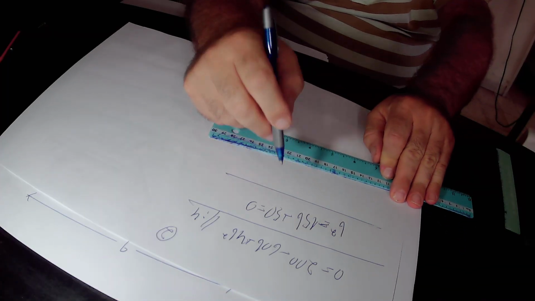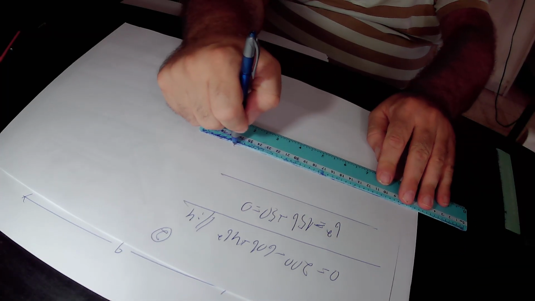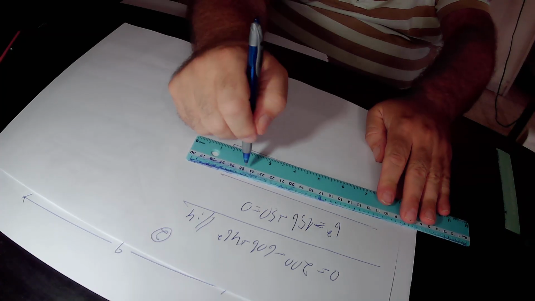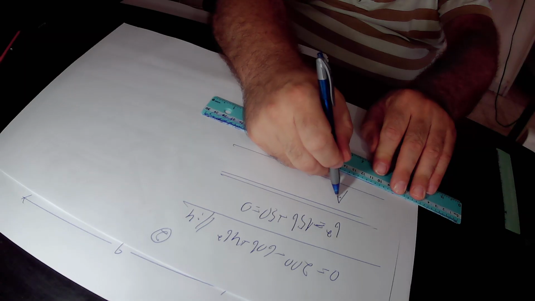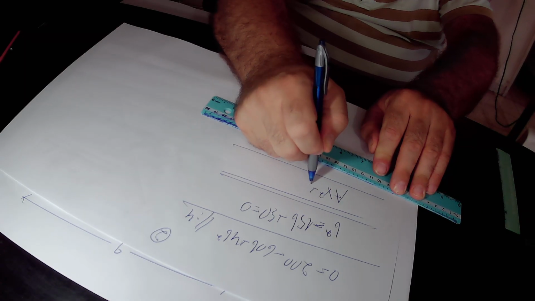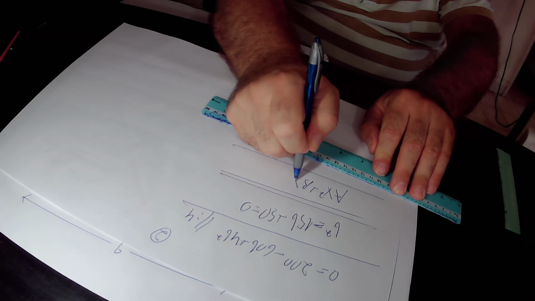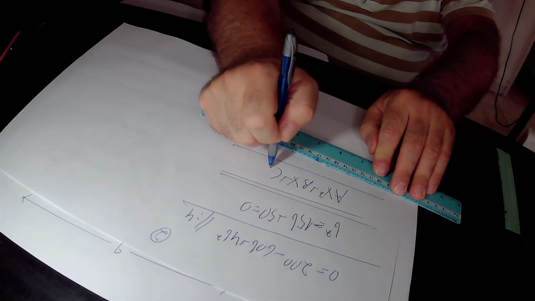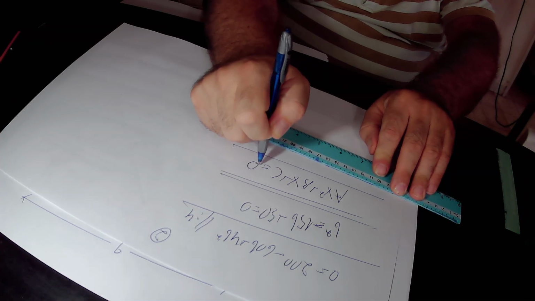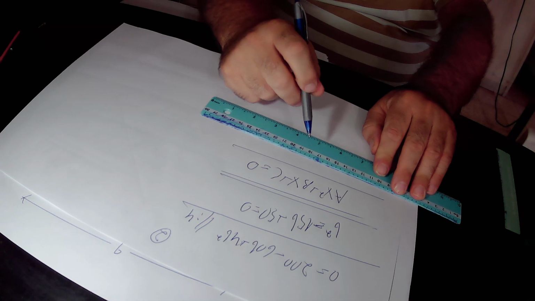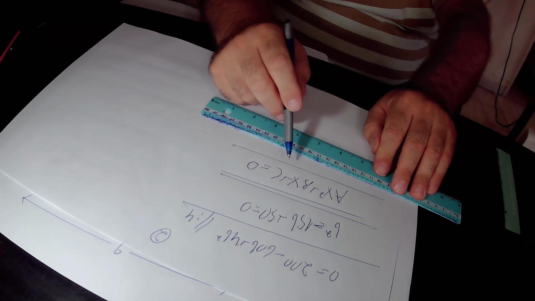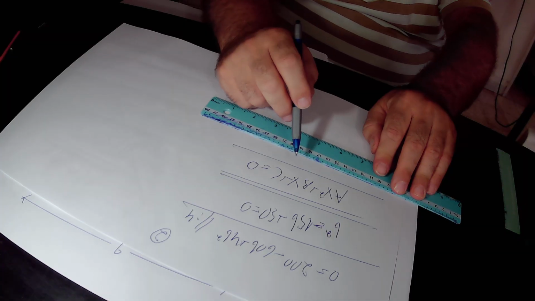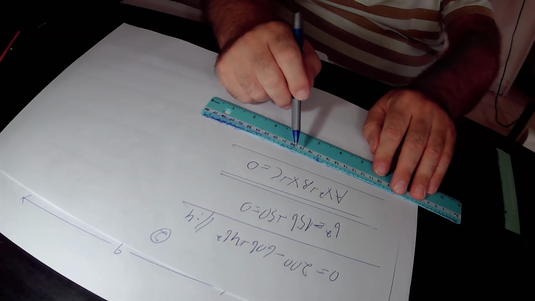This is a quadratic equation. And the general formula for a quadratic equation is ax squared plus bx plus c equals 0. In this general formula, capital A, capital B, and capital C are the coefficients of this quadratic equation, and x is the variable that we are looking for.